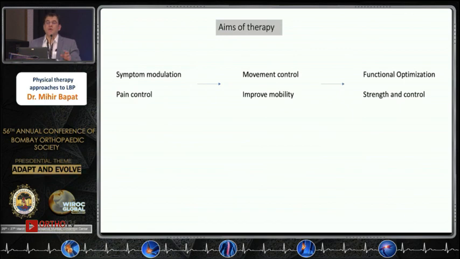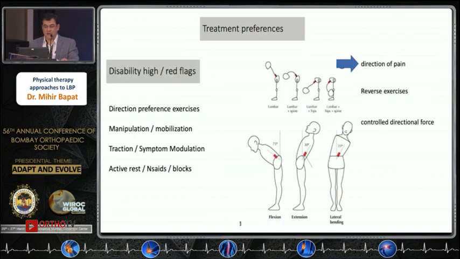So what are the aims of these therapies? If you have a high risk case, first aim is to control the symptom, control the pain, improve the movement, improve mobility, and then optimize function. Now, all this sounds very, very logical. So, when you have a patient with a radicular sign, that means a patient who has got a nerve compression, the common terminologies that we use are McKenzie exercises.